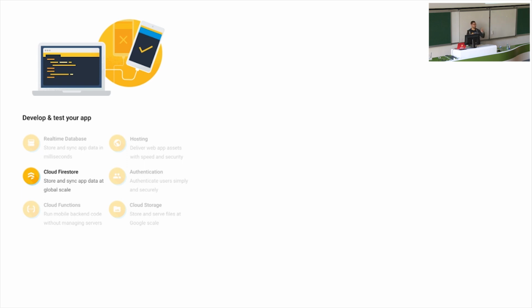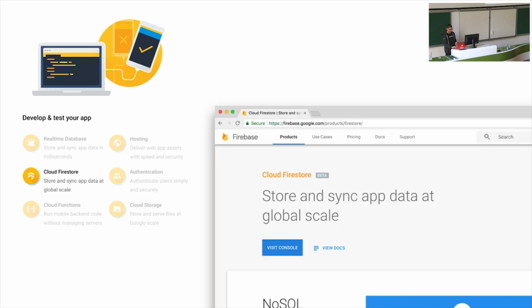So you need to structure your data in a different way. Sometimes you need to create other structures and other documents. So with Cloud Firestore, it's really nice because we can do it differently.